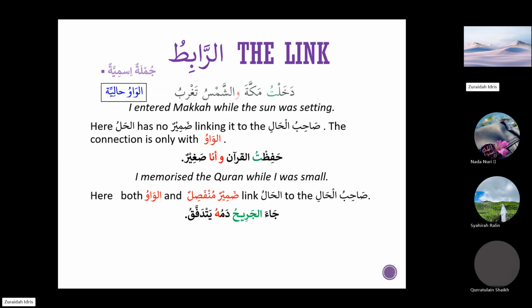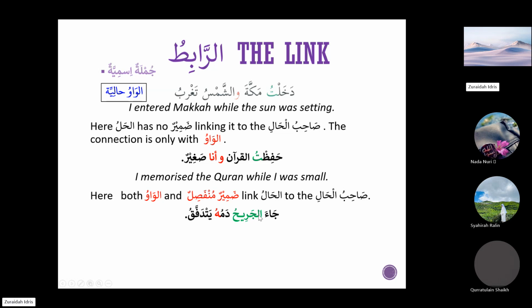We would have just said it like it's two different sentences, right? But when we understand that when you have a sentence like this and another sentence, a jumla fi'liyah and then a jumla ismiyah side by side like this, then to all intents and purposes, you can take the jumla ismiyah that follows it as a hal for the earlier sentence.